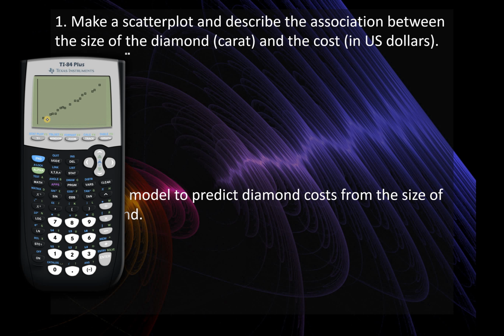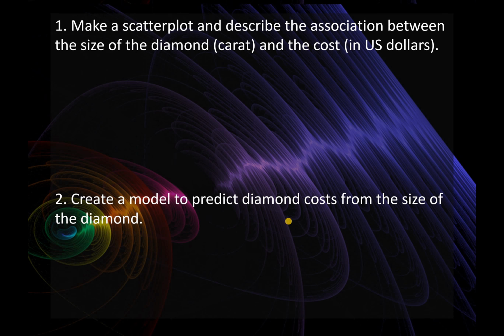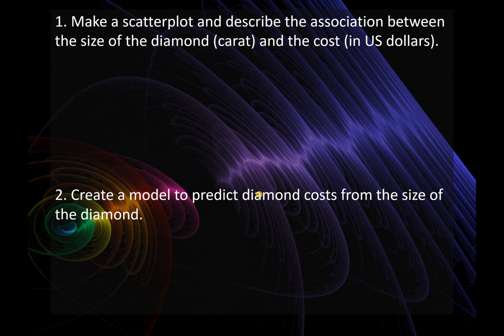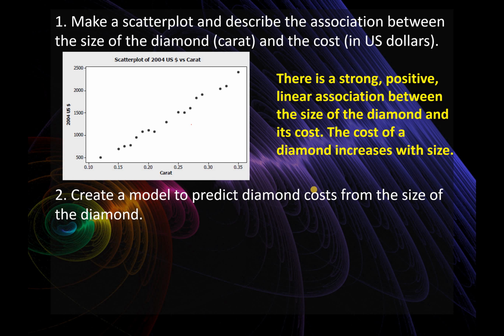This is my explanatory variable, so size of diamond in carat, and this axis over here is the cost in US dollars. So strong positive linear association, cost increases with size. Very simple. We have strength, direction, form, and there are no unusual features here.